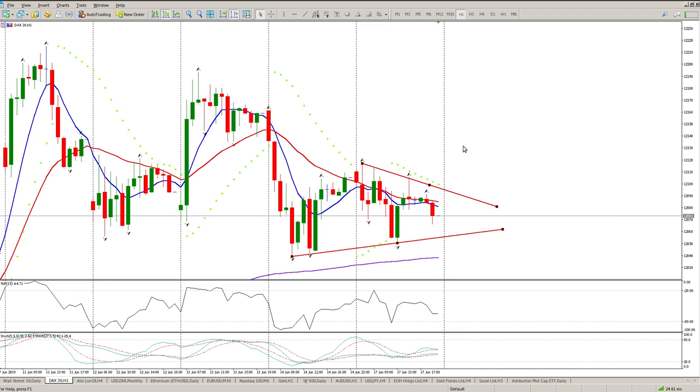Right now, trend is ever so slightly to the downside, but I don't trust this. We've got a double bottom here, and that double bottom is still in play. So you know what I'm talking about, there's the double bottom there. Inside bar, here's another inside bar. So I've got three off a trend line at the moment.